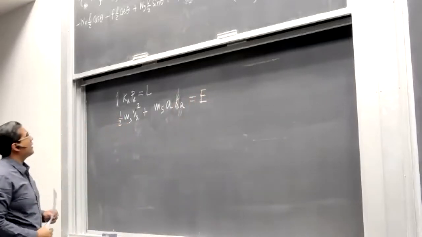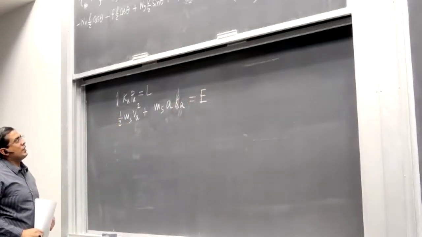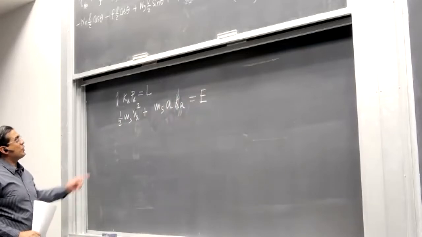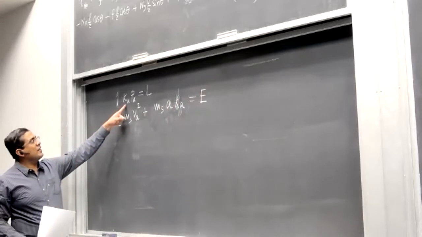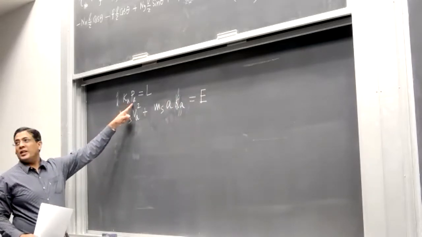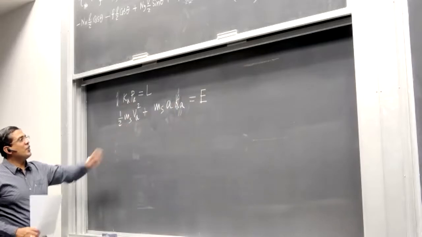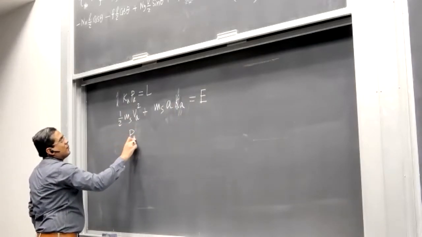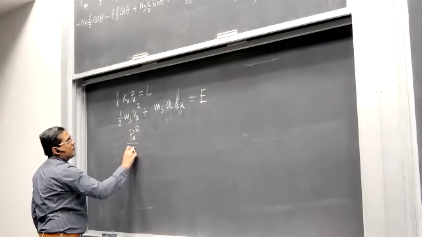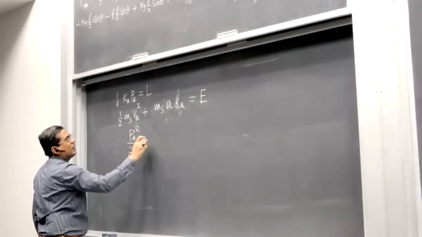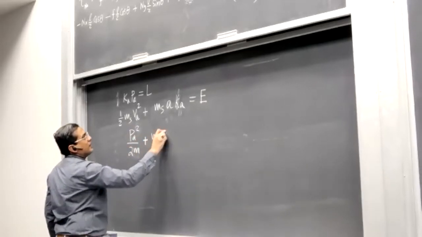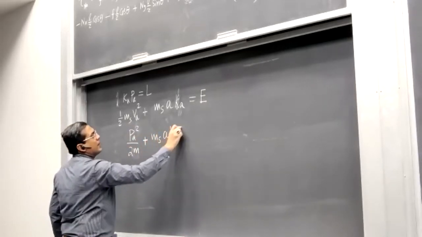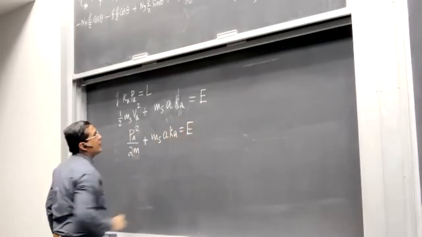Okay, so if you look at these two equations, we have two equations and two unknowns, Ka and Pa, but you don't see Pa here. You can rewrite the kinetic energy as Pa squared over 2m plus MSA Ka equals E. Okay.